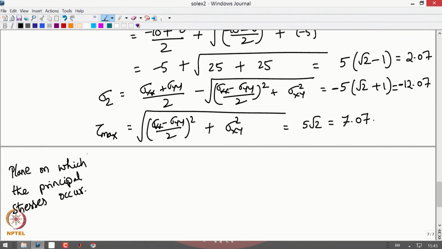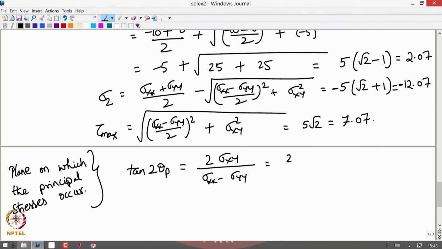Now, you know that tan of 2 times theta p is given by 2 times sigma xy divided by sigma xx minus sigma yy, which is 2 times minus 5 divided by minus 10 minus 0. This is nothing but minus 1 by minus 1, that is plus 1.